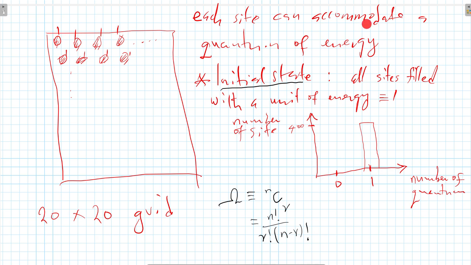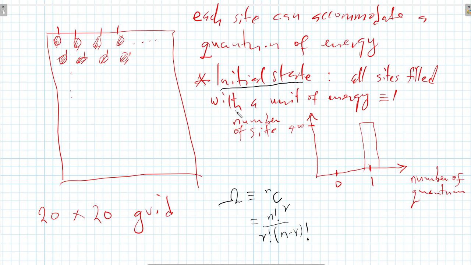Each site can accommodate a quantum of energy, and the initial state of the system is such that all sites are filled with a unit of energy. So there is one quantum of energy in each of the 400 sites arranged in the 20 by 20 grid.